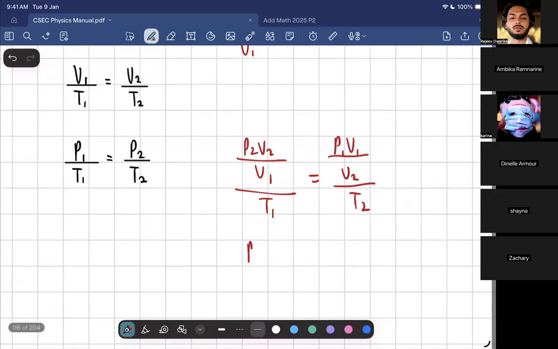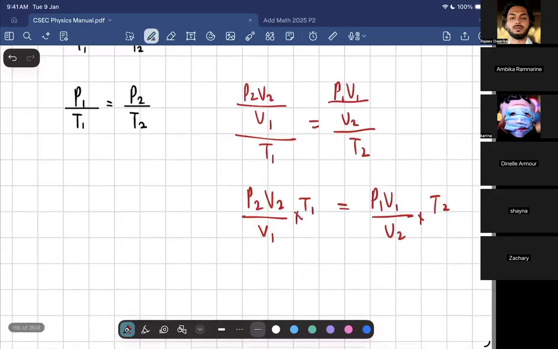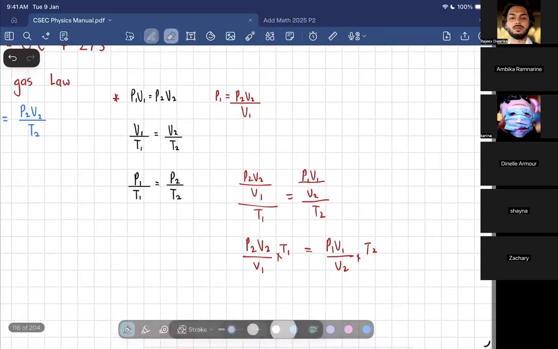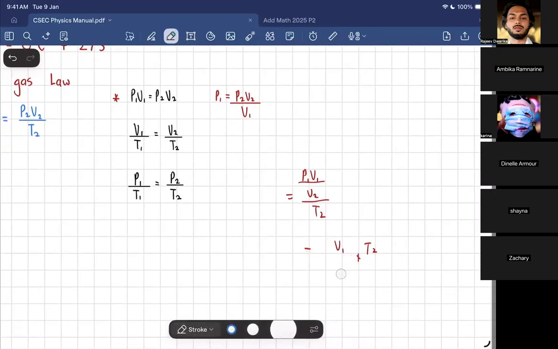I'm just checking something quickly. And that'll be P2 V2 all over V1 multiplied by T1 equals P1 V1. Yeah, in all of these derivations, I'm seeing a problem.